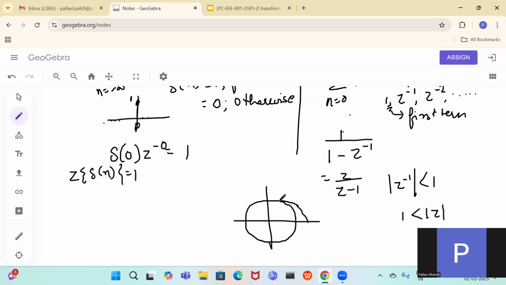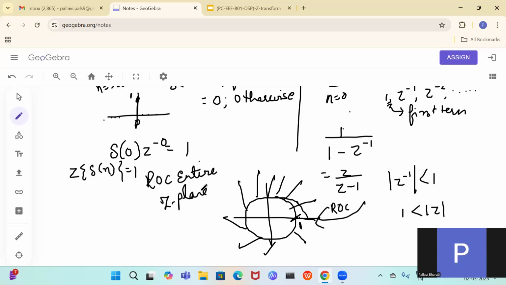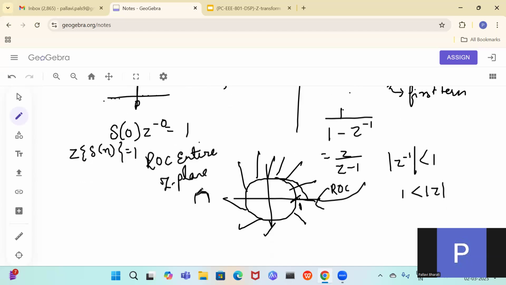So this is, suppose, your unit circle. This is going to be your ROC, outside this unit circle. And for delta[n], the ROC is the entire Z plane. And for this one, the ROC is this one. So the final ROC is going to be the intersection of these two.